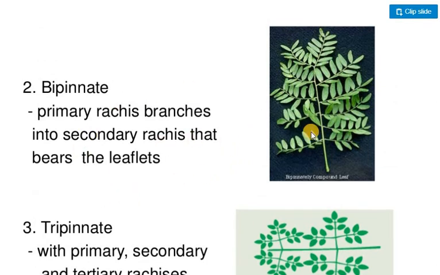See what is bipinnate? The primary rachis divides into secondary rachis like this. See, this is the primary rachis. These are the secondary rachis. So when the primary rachis branches into secondary rachis, they are called bipinnate.